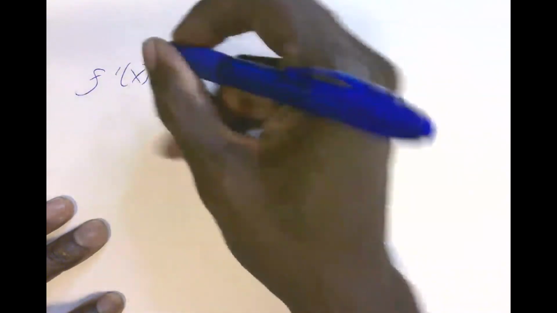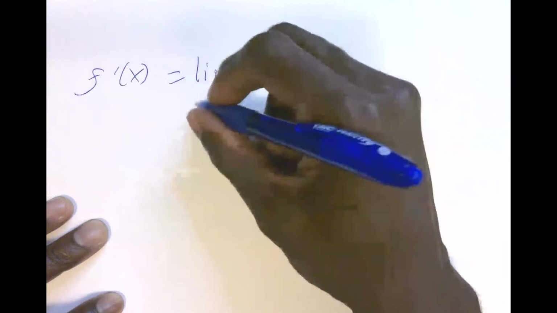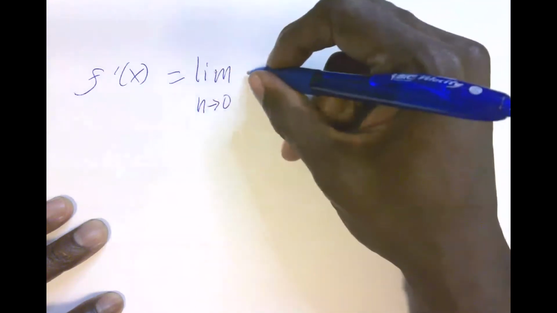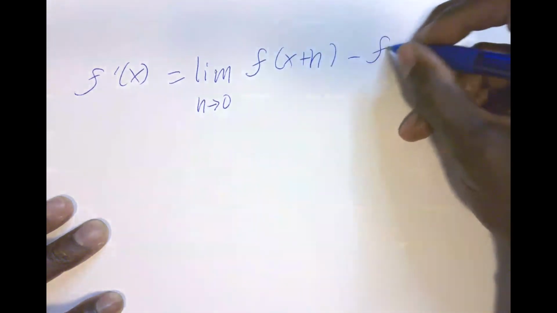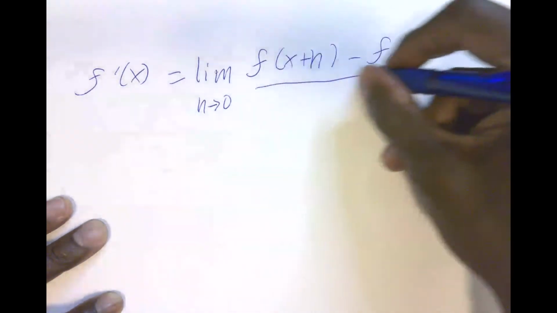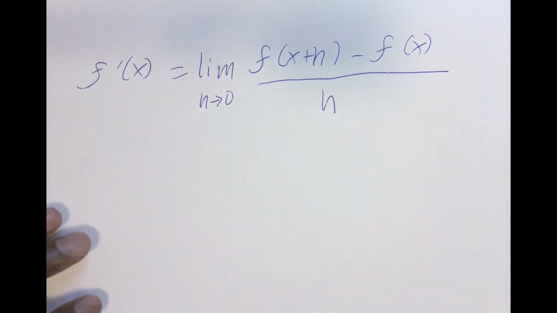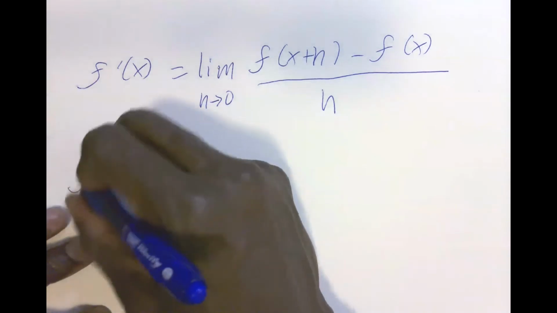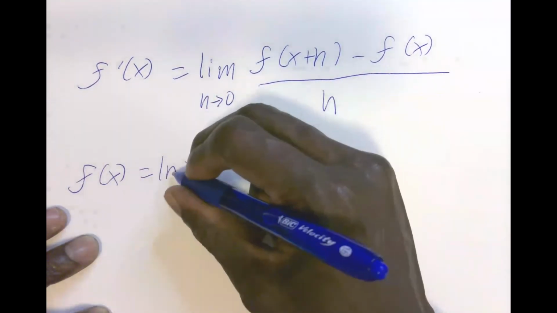And so first off, f prime of x by definition is the limit as h goes to 0 of f of x plus h minus f of x all over h. So that's the definition. Now here in this case, we're going to say f of x is ln x.